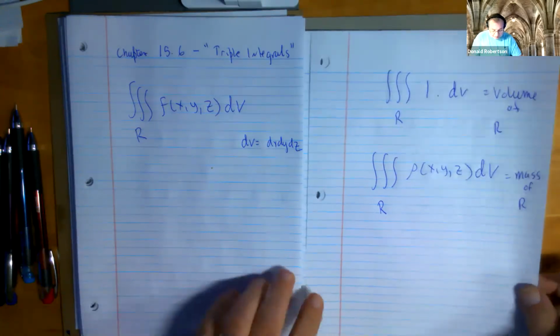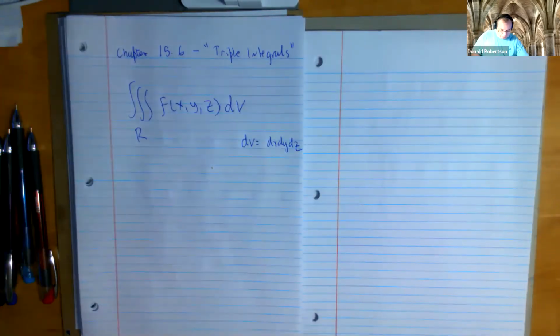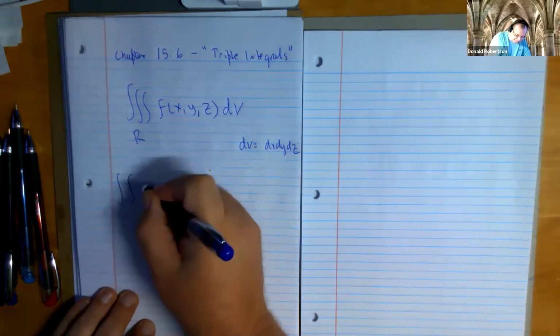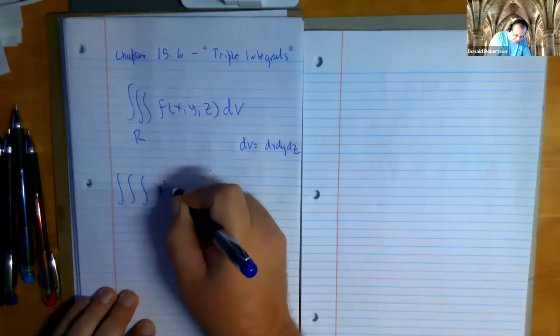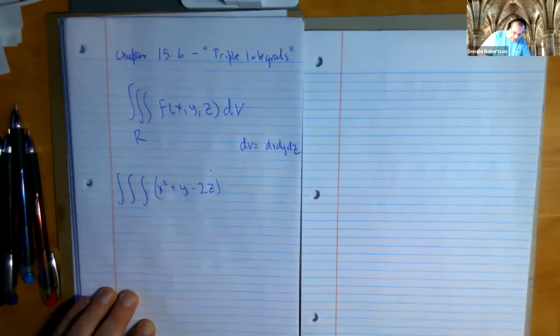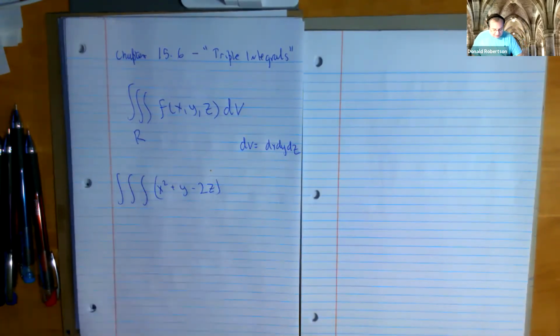Okay, so how do we do this? Well, let's start with the simplest case. That's going to be the function f of x, y, z.